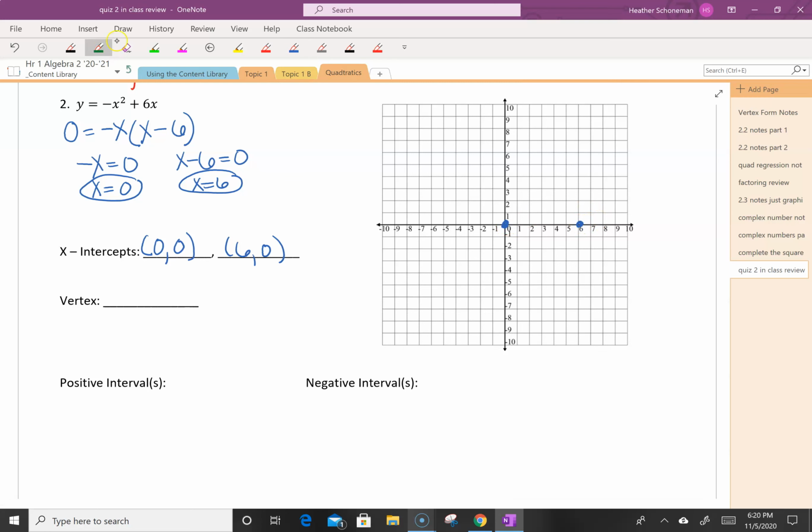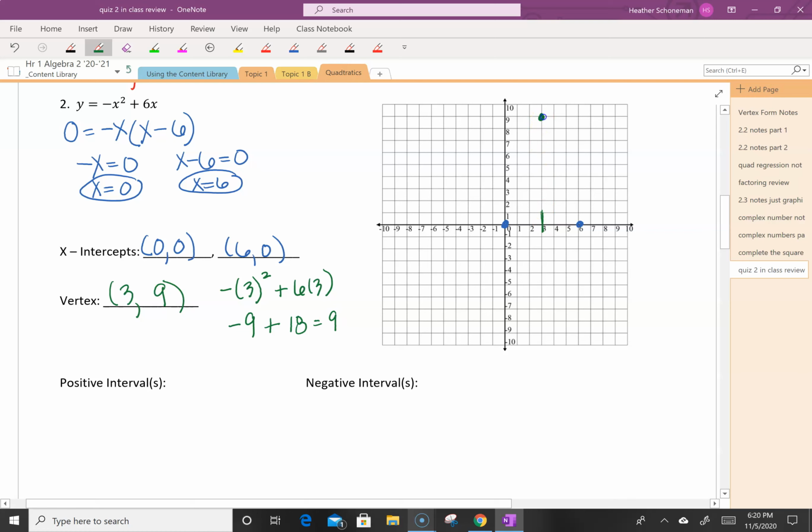So I've got (0, 0) and (6, 0). My vertex is going to be halfway in between, which in this case is at x equals 3. So now I'm going to plug in the numbers. I have negative 3 squared plus 6 times 3. Now when you do this, you have to do the 3 squared first, which is 9, and then apply your negative. So I have negative 9 plus 18, which is positive 9.